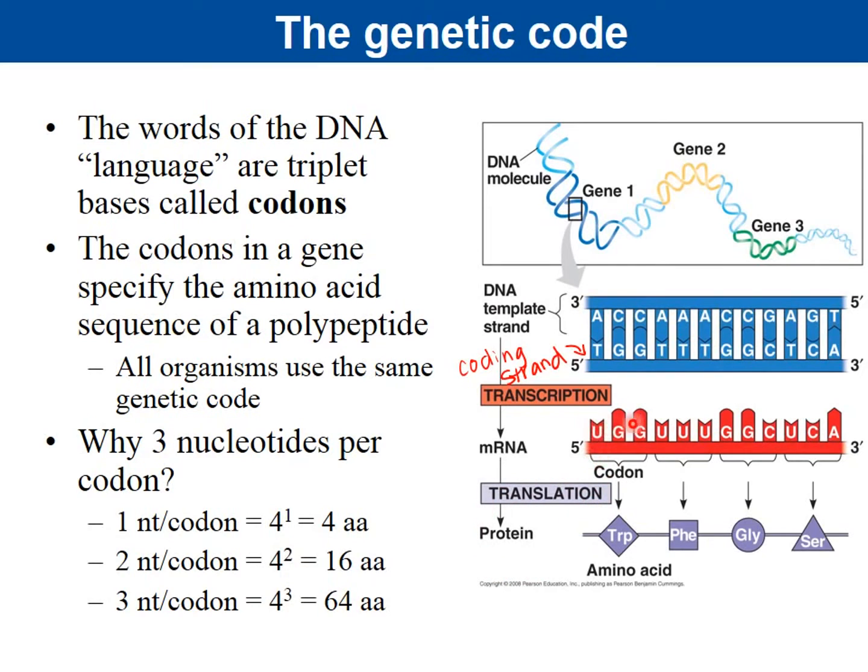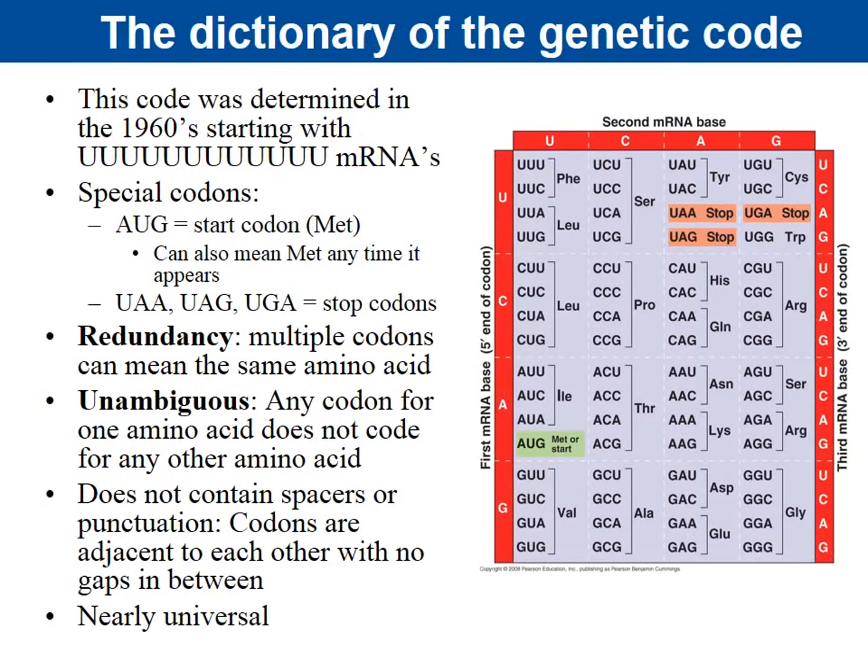These codons will be read, and the appropriate amino acid will be brought in. Now, this diagram here on the right is the genetic code. It's basically a readout of the codons on the mRNA and what amino acid they code for.